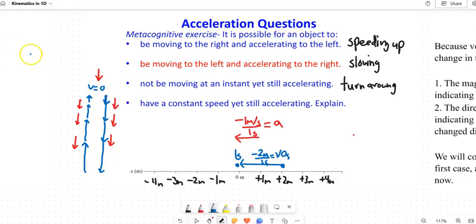This next one, notice I use the word speed. We're going to get more into this towards the end of class when we get into circular motion. But when you are moving in a circle, let's say you're going clockwise, so we're looking down on you, you're driving in your car doing donuts, your velocity at each one of these points is at a tangent to that circle.